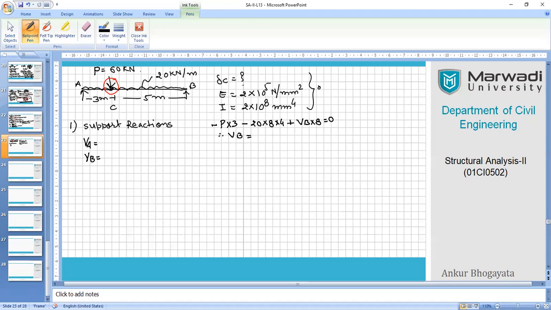So P will not be equally divided on each of the supports. Some larger portion will be transferred to point A, and a smaller proportion of this force P will be transferred to B because it is at a larger distance from point B. So accordingly, you can create your own logic and you can probably calculate the reactions without using this equation also.